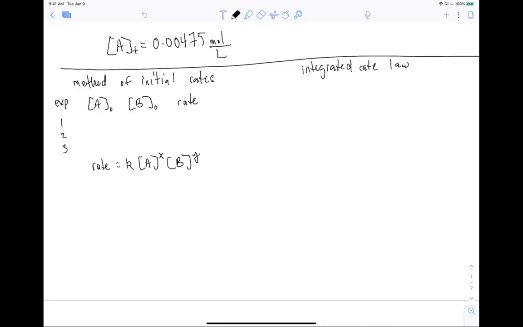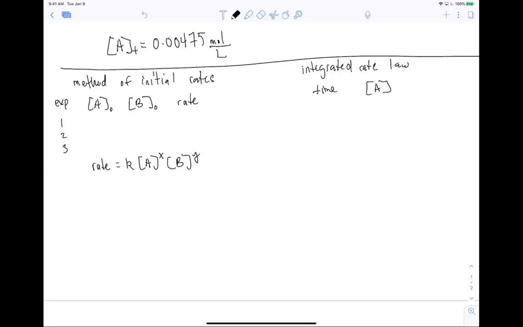Integrated rate laws, you're given experiments, sort of. But usually instead of having separate experiments 1, 2, 3, you're just taking points in time. So you'll see something that looks like this: time, and then the concentration of one thing over here.